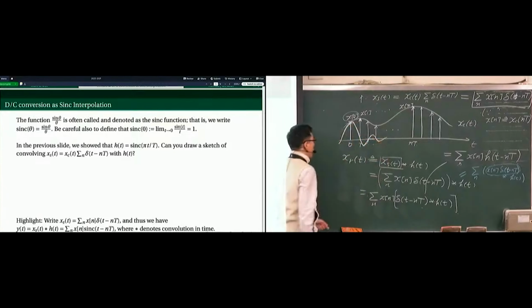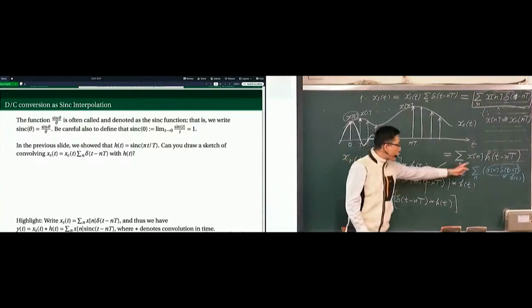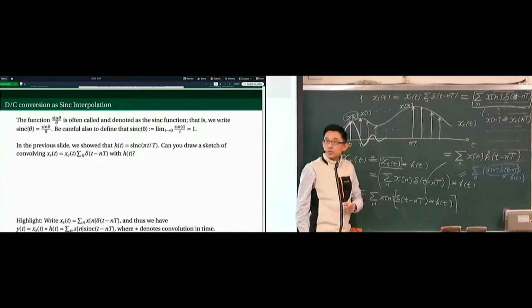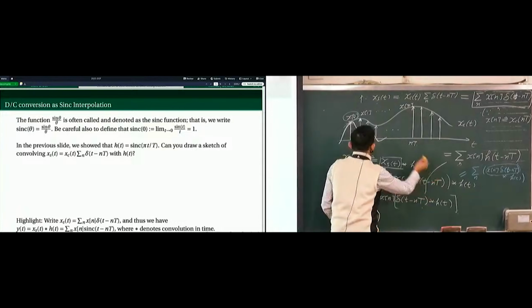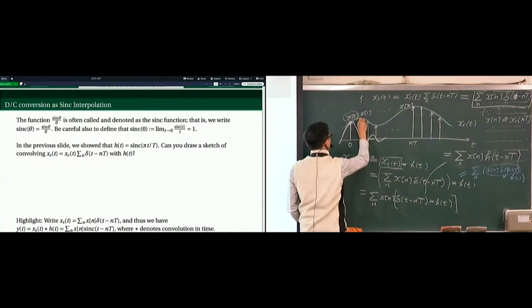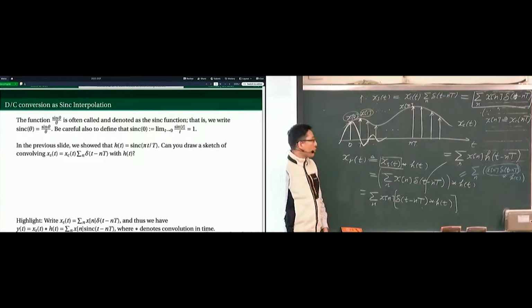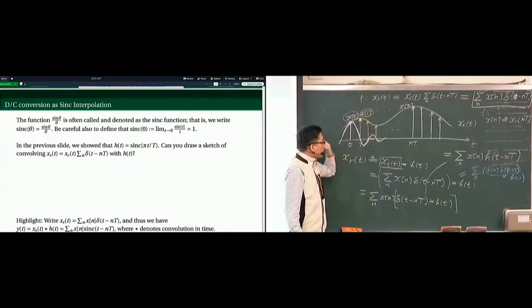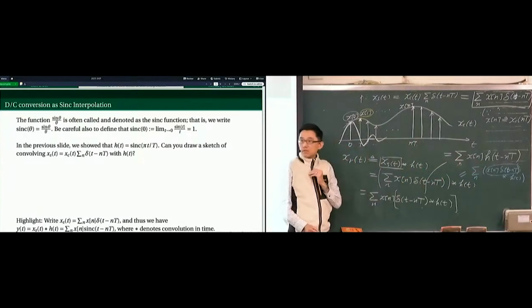Now I'm going to draw a few curves, and each curve will correspond to one term in this summation. The next curve I'm going to draw is for n equals 1. We have the height of x1, and I'm also going to put a copy of h of t, the impulse response, which looks like Sinc, but shifted to the right by one sample.